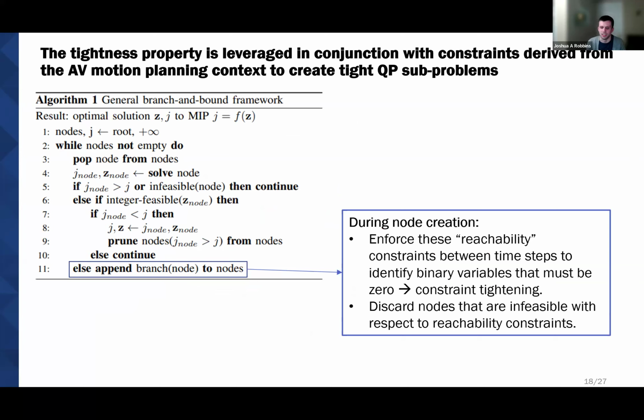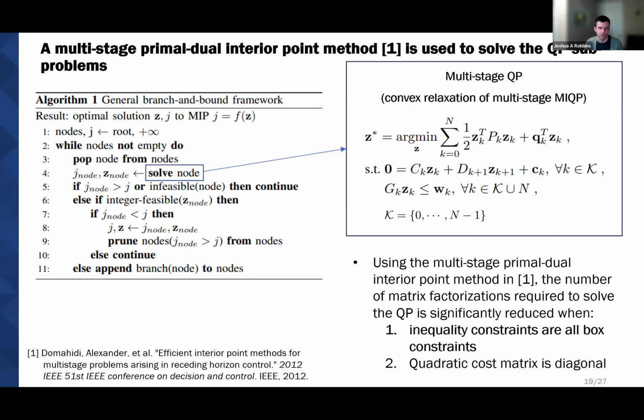And because the hybrid zonotope constraints have the property that their convex relaxations are tight, applying this constraint tightening allows us to generate very tight convex subproblems. Additionally, in many cases, this allows us to discard nodes that we know are infeasible a priori. So that's how we generate QPs.